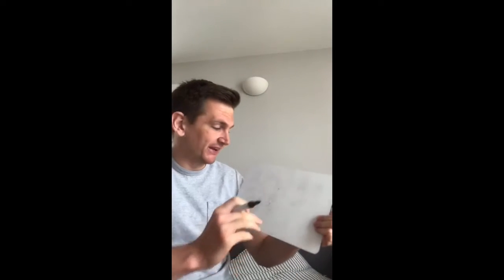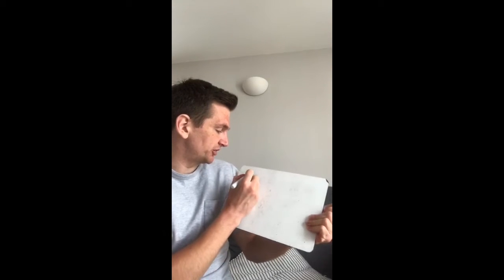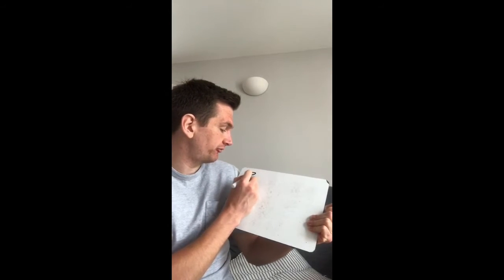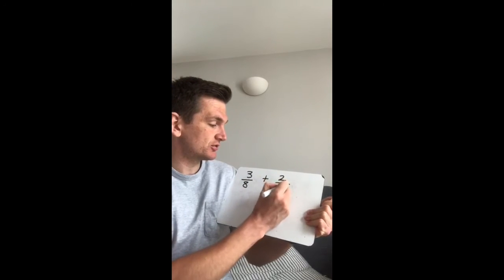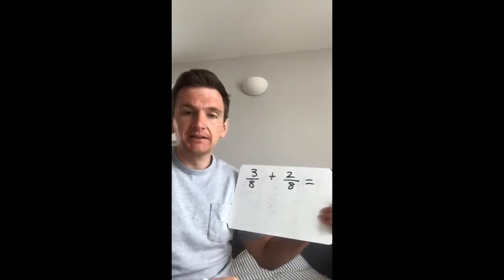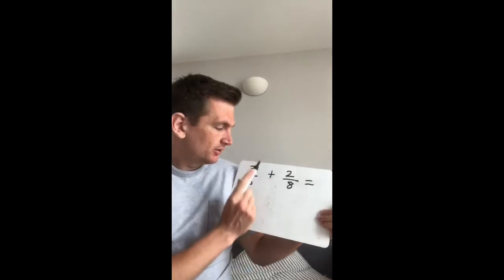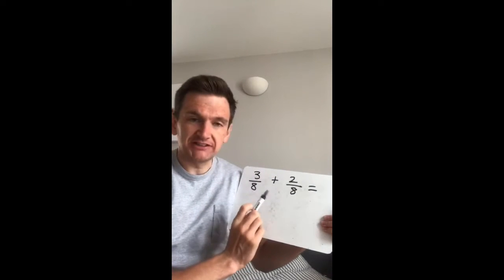Now, some of you may remember from doing this in class that there's an even easier way than that. So I may have the question 3/8 add 2/8. Now, our denominators are exactly the same, okay?